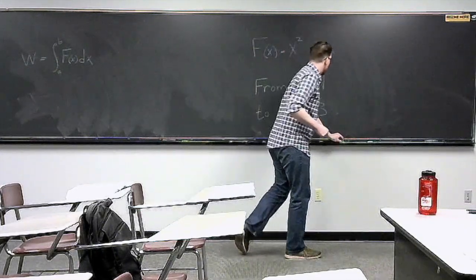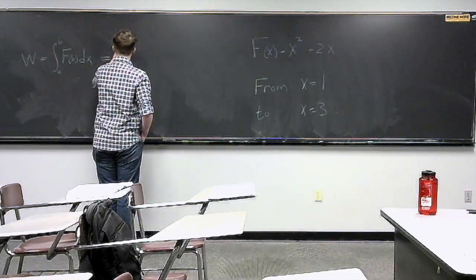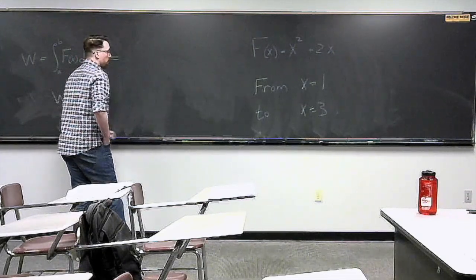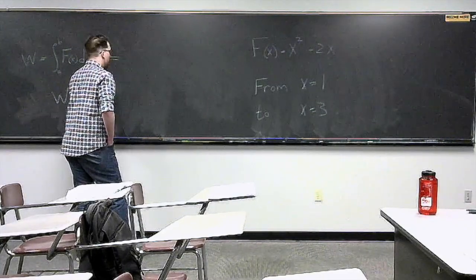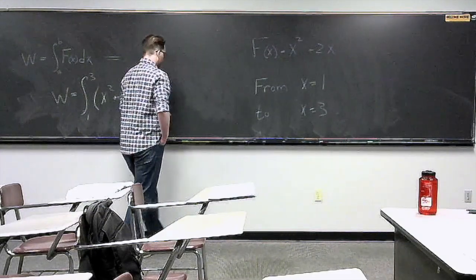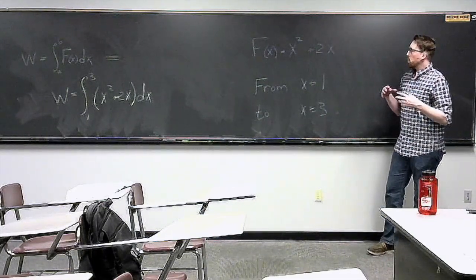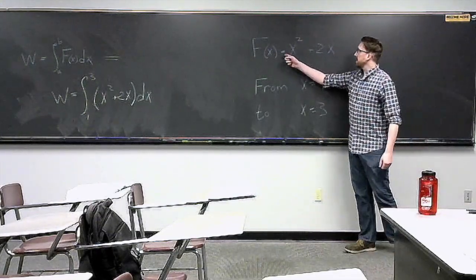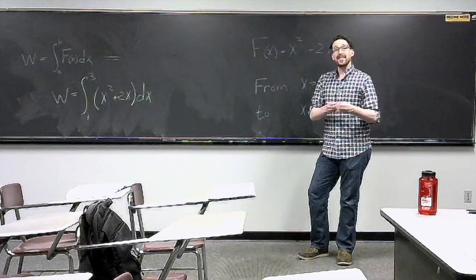As a result, to set up this integral, what we're going to have is the integral from 1 to 3 of x squared plus 2x integrated with respect to x. And the reason, again, for this difference is what's actually being measured as distance, right? In this case, this is distance from the origin. In the previous case, it was the distance of displacement.